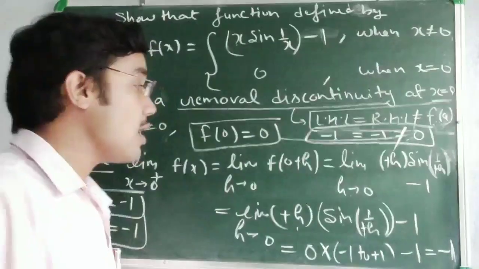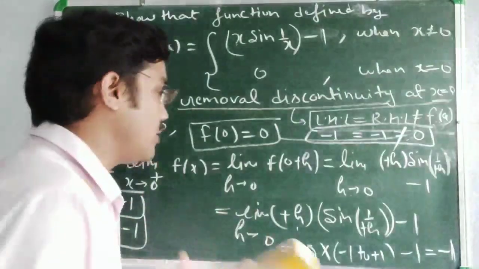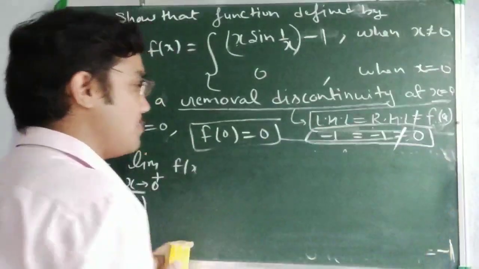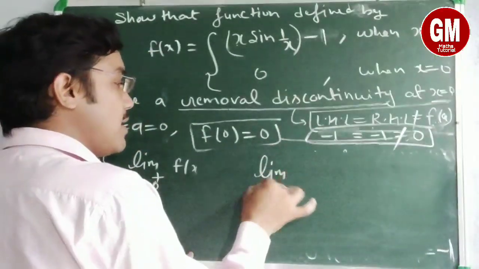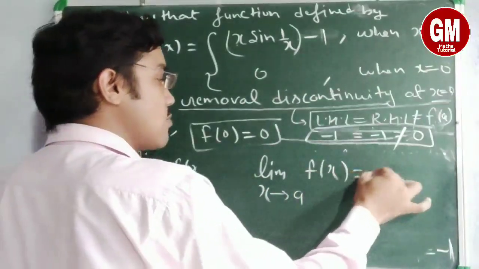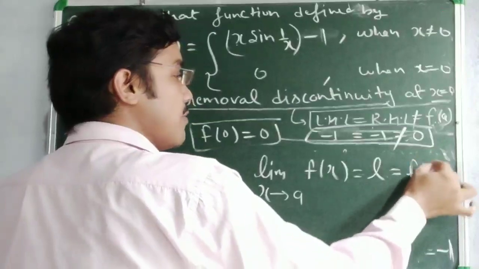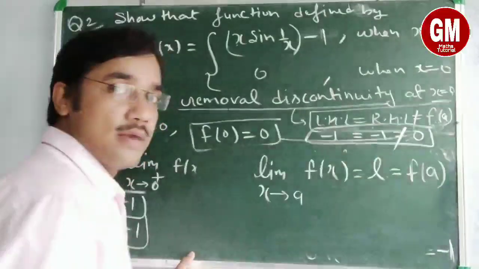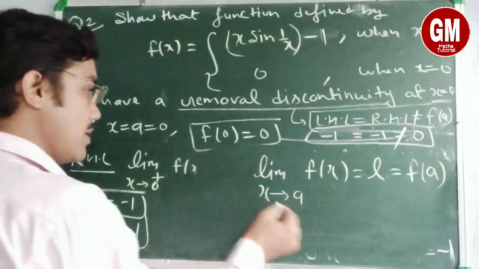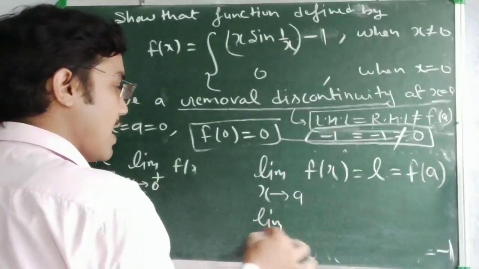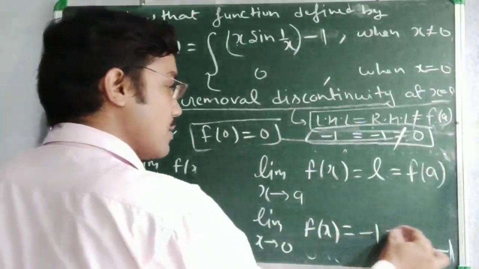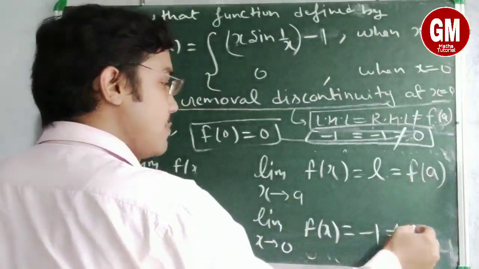Now something we have to discuss again about continuity: the left hand limit, right hand limit, meaning the limit exists at point f(x). When this limit is equal to the value of the function at f(a), then we can say that the function is continuous. But in this case, the limit x tending to 0 of f(x) gives minus 1, but it is not equal to f(a), which is 0.